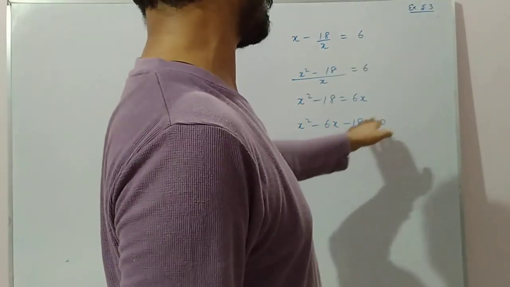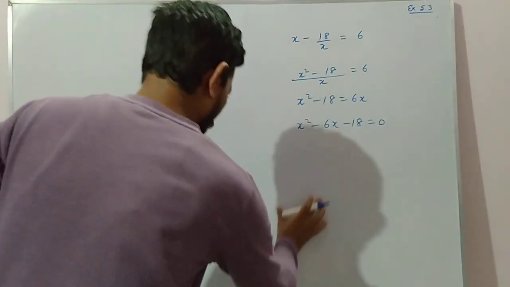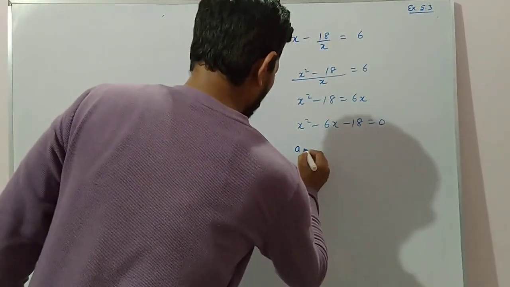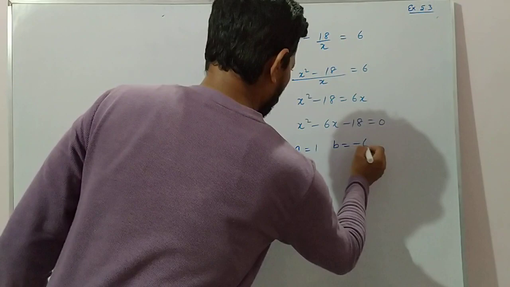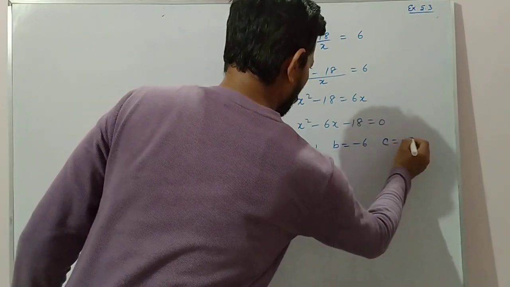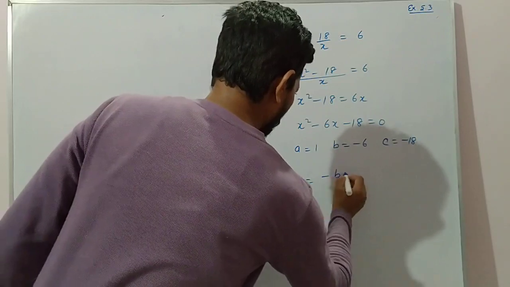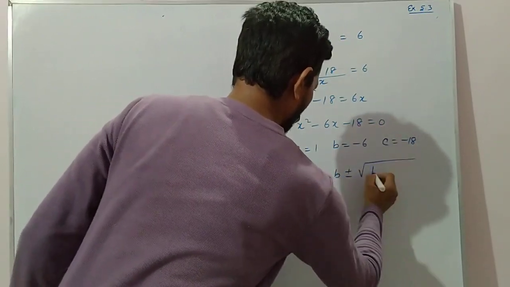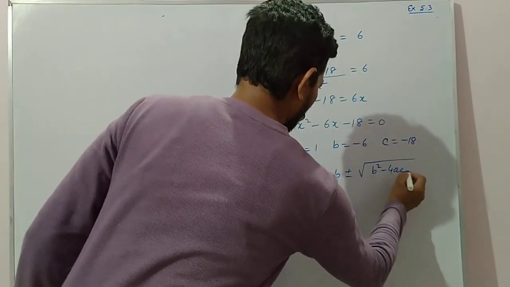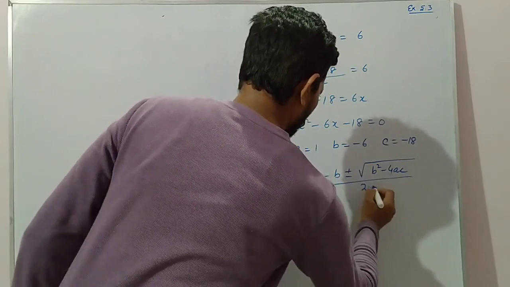So x square minus 6x minus 18 equal to 0. This was not in quadratic form, so we have taken the LCM. Now a is 1, b is minus 6, c is minus 18. So x equal to minus b plus or minus root over b square minus 4ac, by 2a.